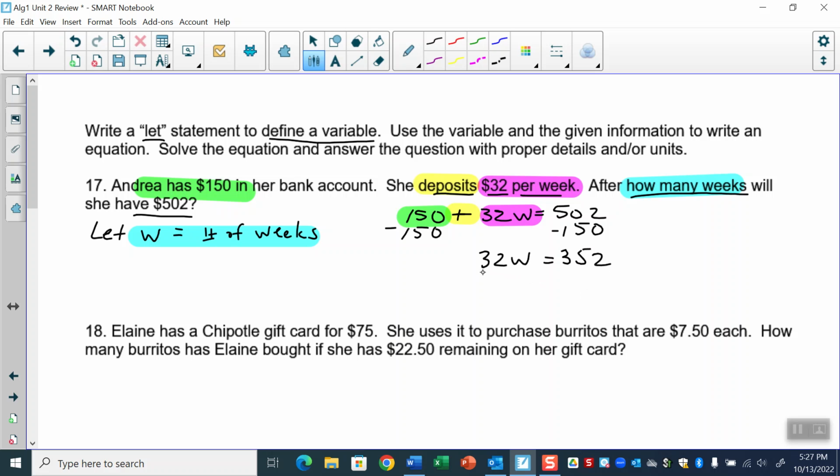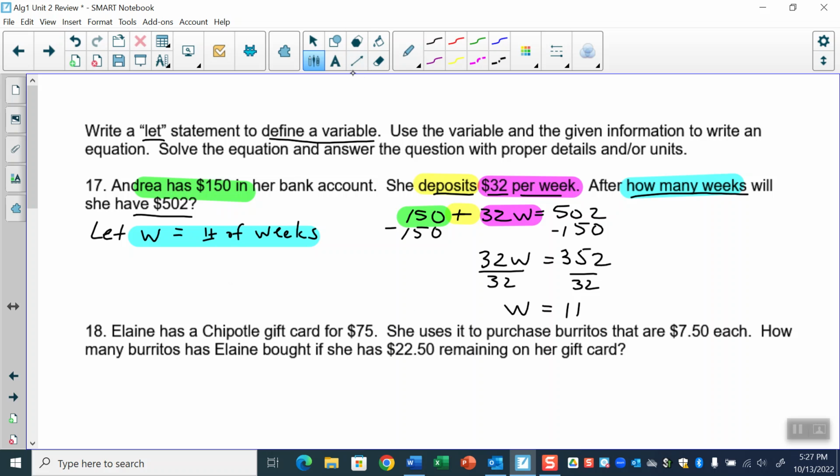All right. And then now I'm going to divide by 32. So the number of weeks is, let's see, 32 goes into 35 one time with 32, 11. So W is equal to 11.